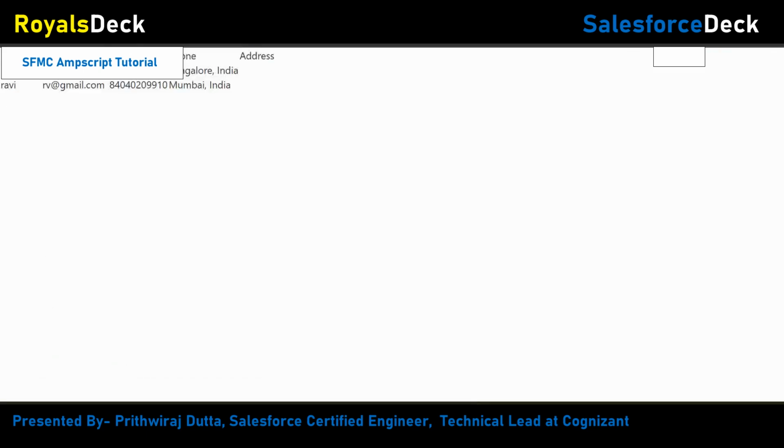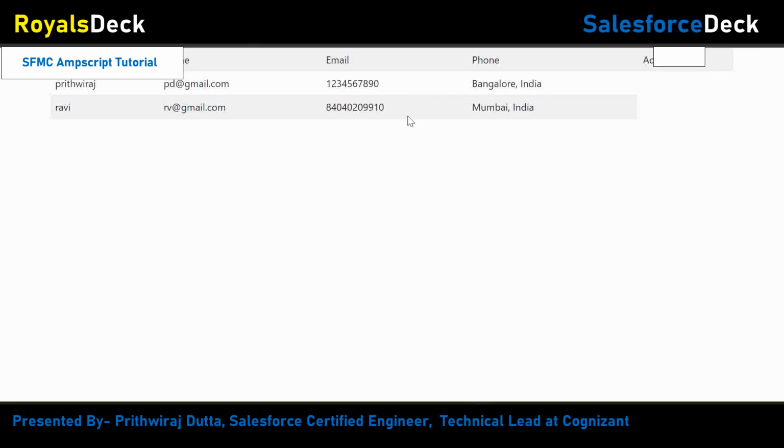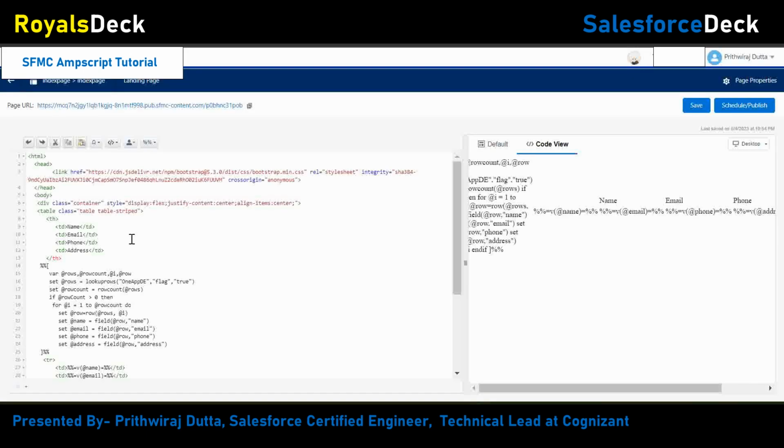Now it's running fine, giving the name, but it's not aligned. Let me check. Name, email, phone and address. What's the problem?